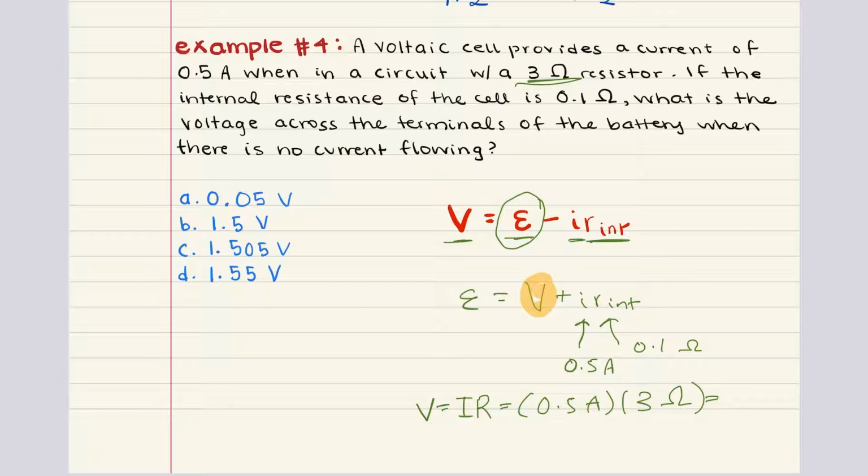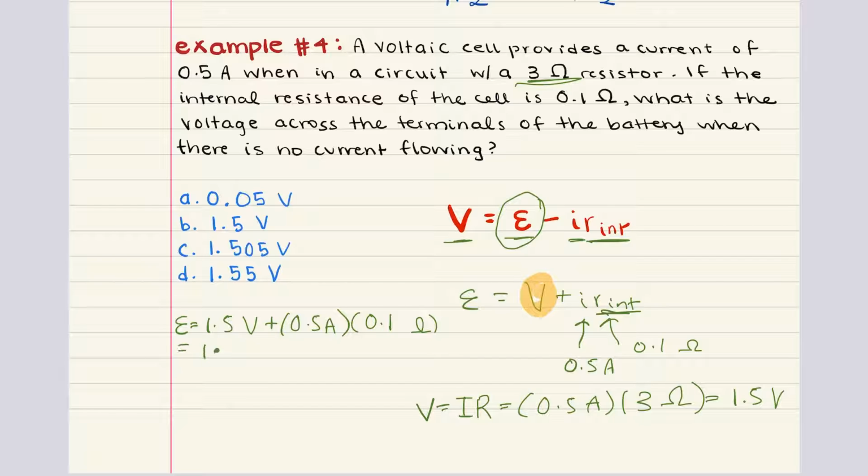This gives us our voltage across the battery when the current is flowing, and it's going to be equal to 1.5 volts. So we can go ahead and plug this into our equation. Our EMF is going to be equal to 1.5 volts plus our current, which is 0.5 amperes, multiplied by our internal resistance, which is equal to 0.1 ohms.